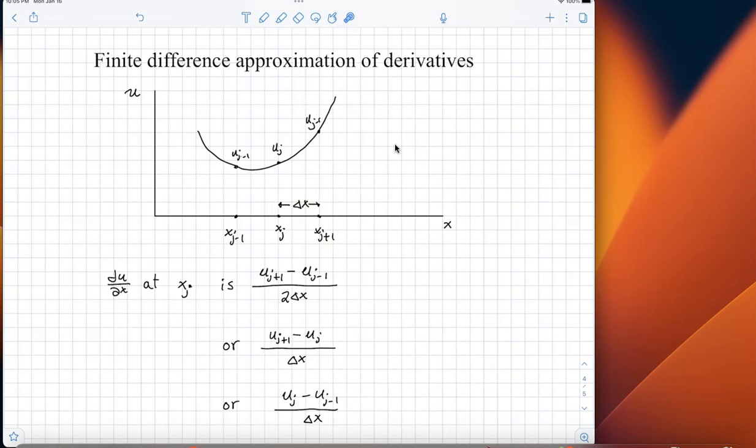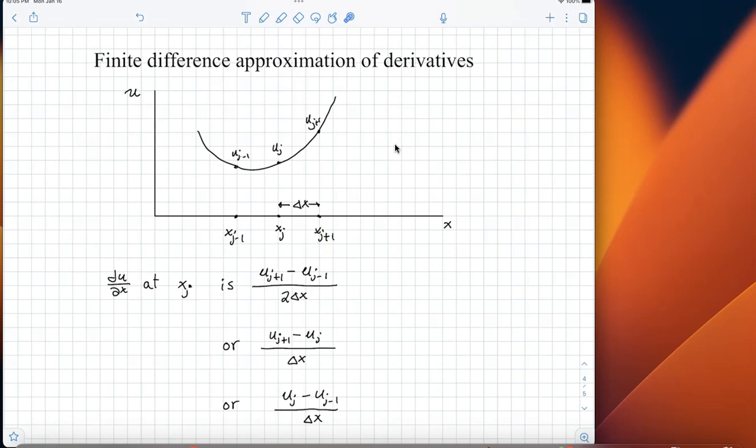The rise would be the difference from uj minus 1 to uj plus 1, which is uj plus 1 minus uj minus 1. So the first derivative I can calculate by simply looking at uj plus 1 minus uj minus 1 divided by xj plus 1 minus xj minus 1, which is 2 delta x.